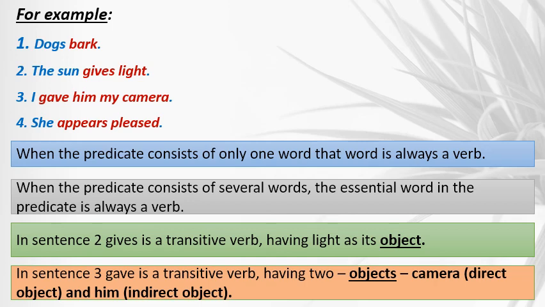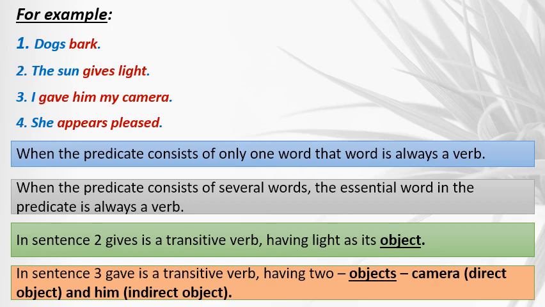So dear students, whenever you are getting two objects in a sentence, at that time the direct object will be your non-living thing and your indirect object will be your living thing. And in sentence number 4, appears is a verb of incomplete predication and requires a complement, that is pleased, to make the sense complete.